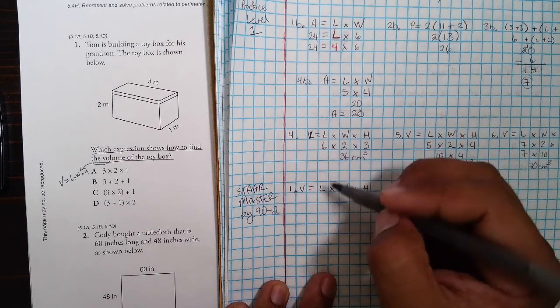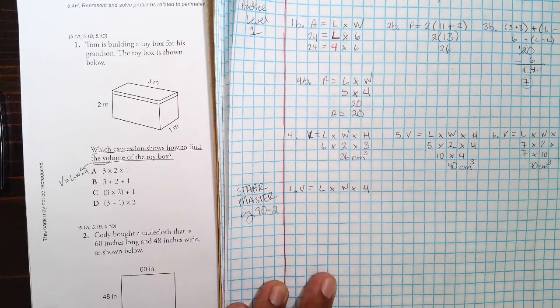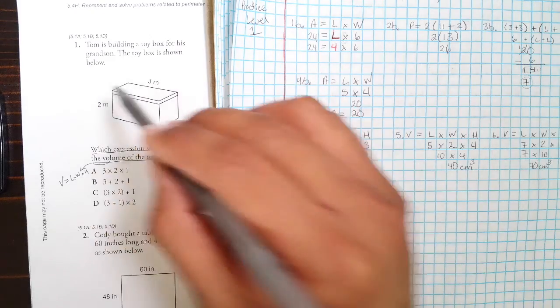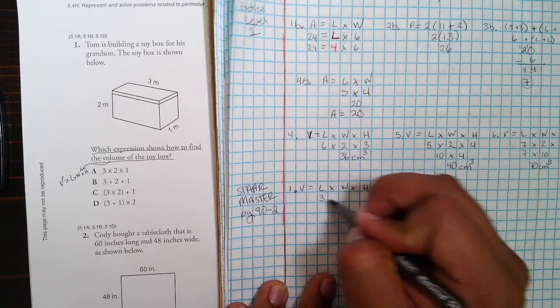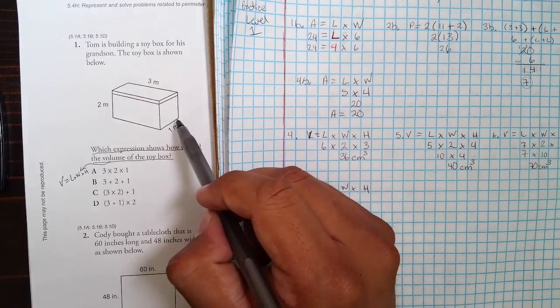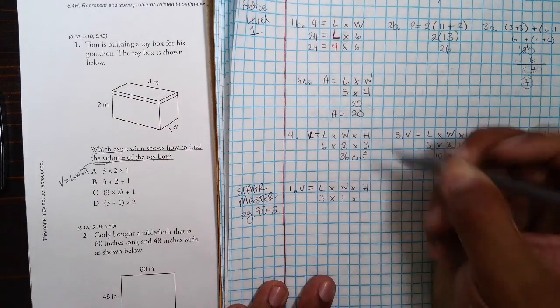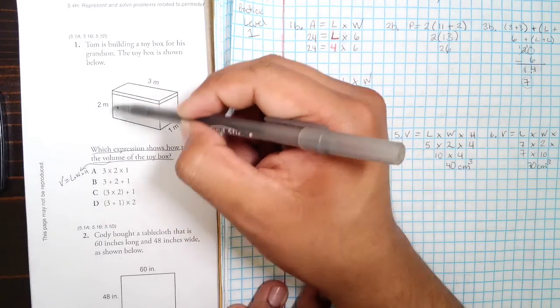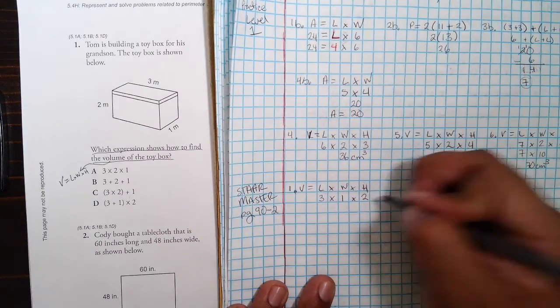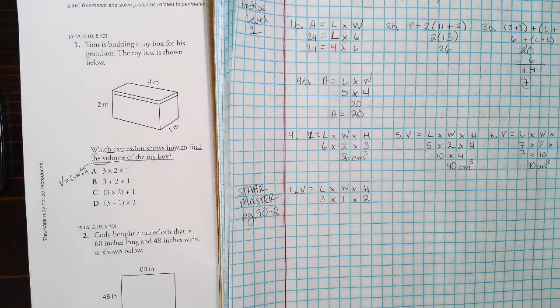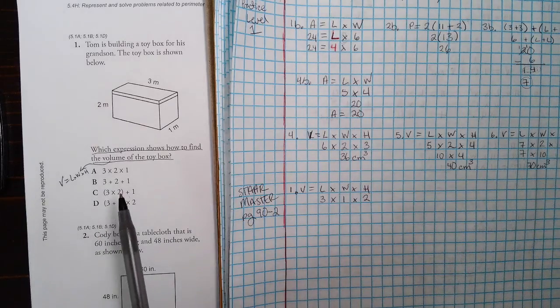My length on this one is going to be 3 meters, how long it is, times how wide is it, how far does it come out, 1 meter, times, and then how high is it, 2 meters. So it's 3 times 1 times 2 in any one of those orders. All right, so let's take a look at the one I have here that best matches it.